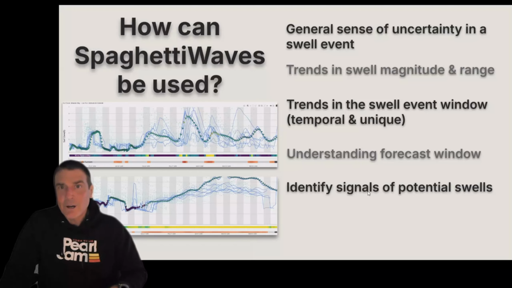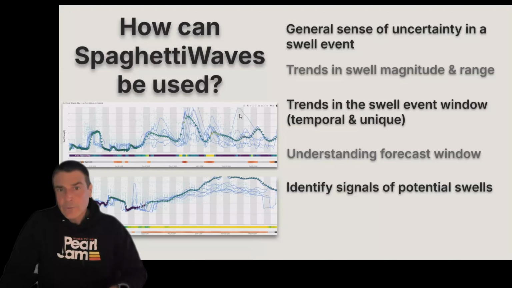And this next point is something that I'm starting to see in the data more and more. We can identify signals of potential swells in the future, even if there's a lot of uncertainty. For example, here, the New Jersey analysis, out about 12 or 13 days, one of the models has a huge peak.